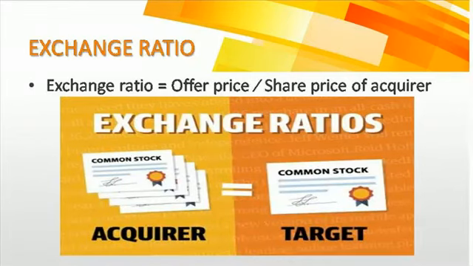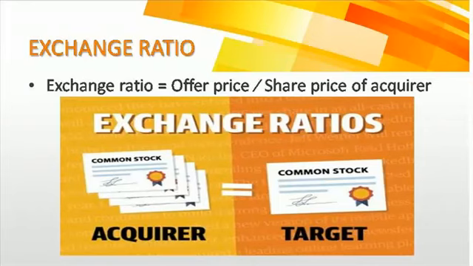Next is about the exchange ratio. When the acquirer company is planning to buy the target company, they will offer the shares of the acquirer company to the target company shareholders, in exchange for the target company's shares. That means if company A is the acquiring company and company T is the target company, the shares of company A will be offered to the shareholders of company T in exchange for their shares.